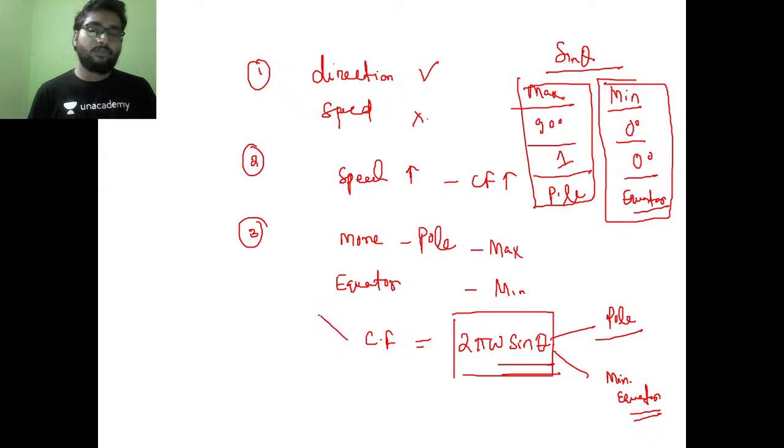So the Coriolis force will be maximum at the pole and minimum at the equator.